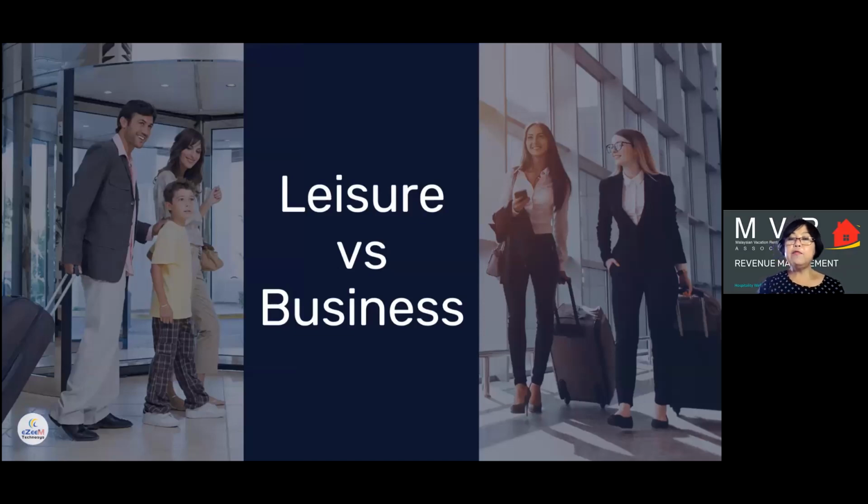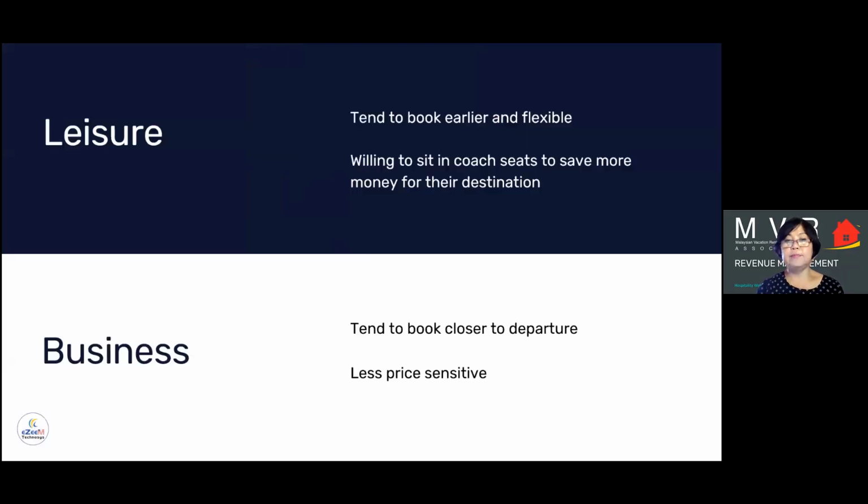Is your client coming for leisure versus business? It's also important because they have different needs. Leisure guests may bring family and spend more time in the room. Business people want everything to be managed for them and easy access.